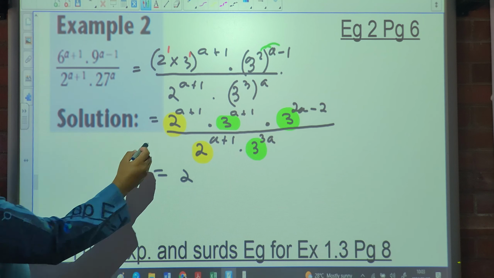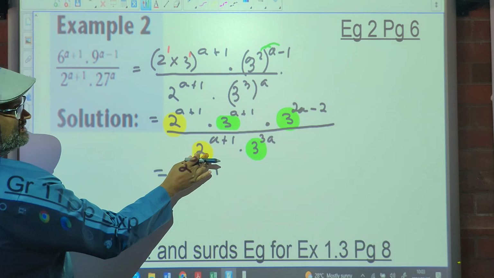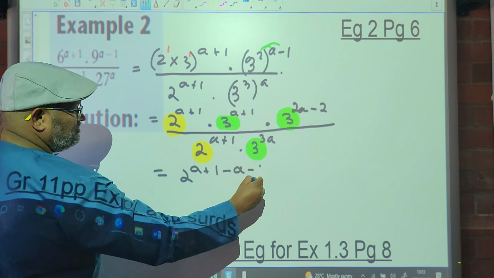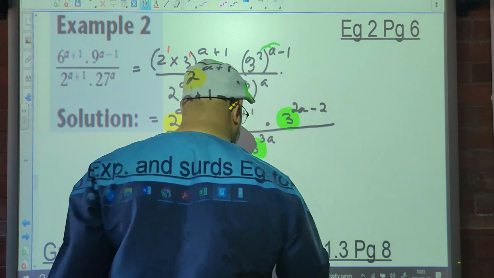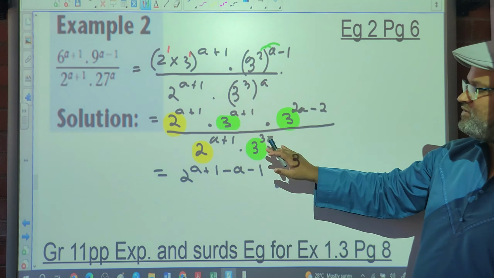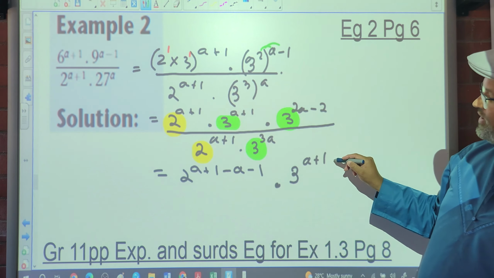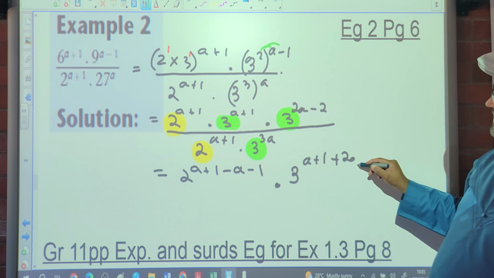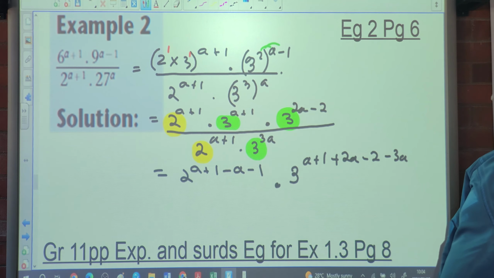So it will be 2 to the a plus 1 minus a minus 1. Don't make that mistake, no? Remember, the signs will change when I bring it up. Times 3 to the a plus 1 plus 2a minus 2 minus 3a.